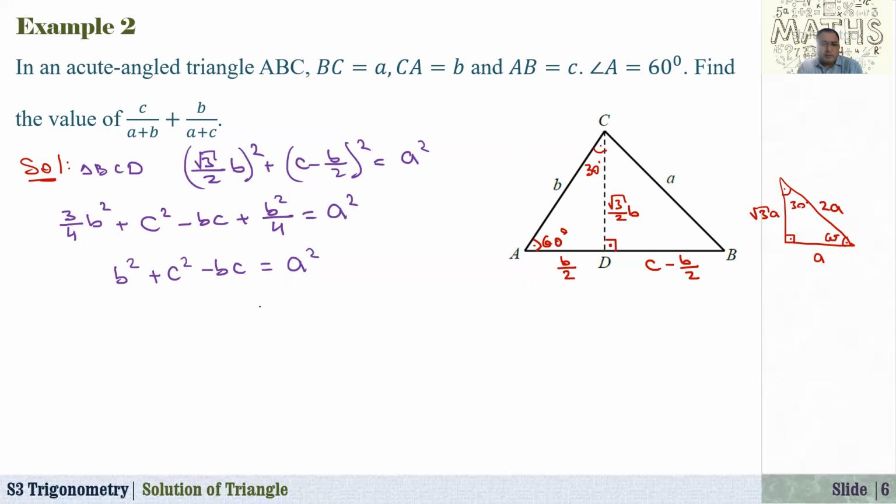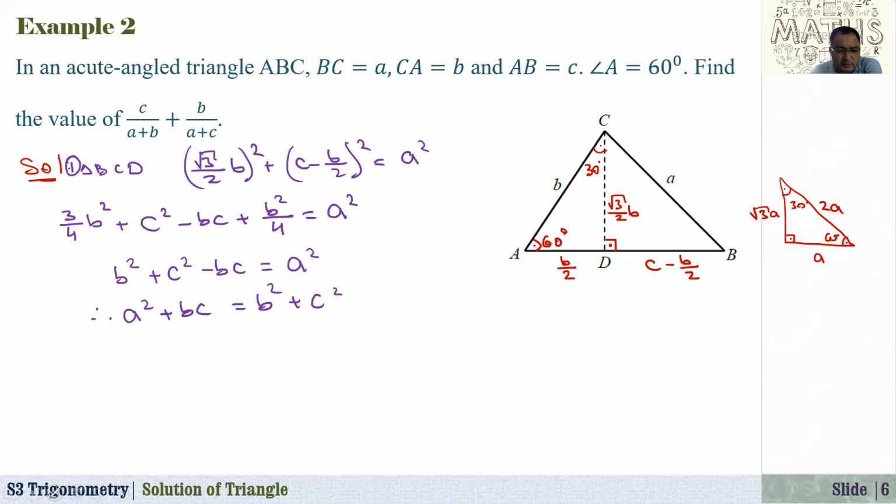Or I can just write this anyway: you can just take this minus BC to the right-hand side. I can just write here A squared plus BC is equal to B squared plus C squared. Okay, that's actually the first part of our solution. Let me just write here number 1.